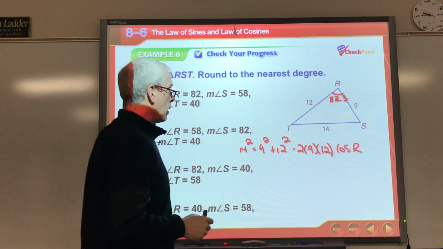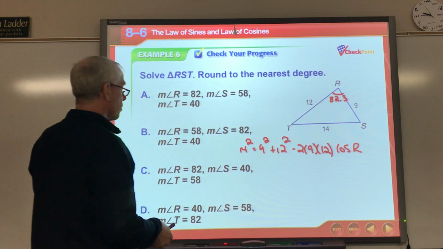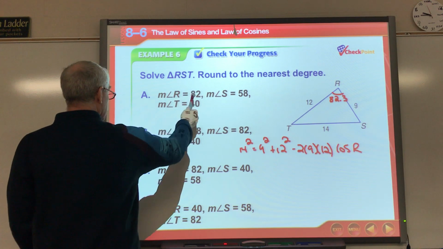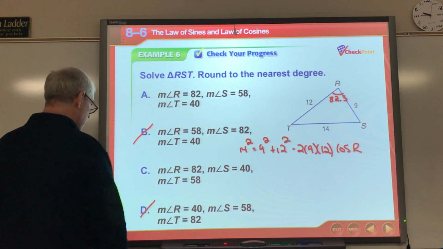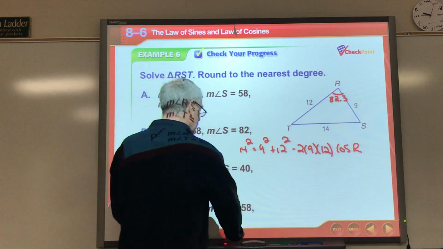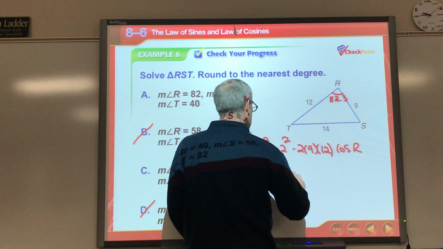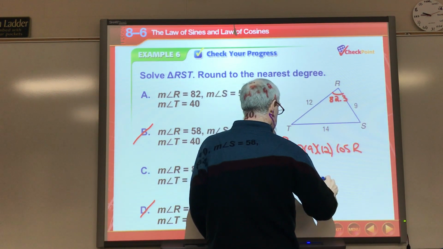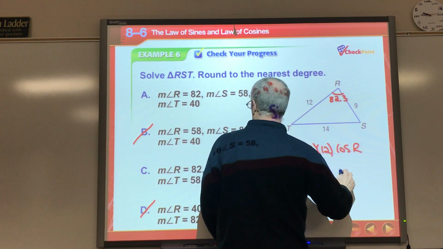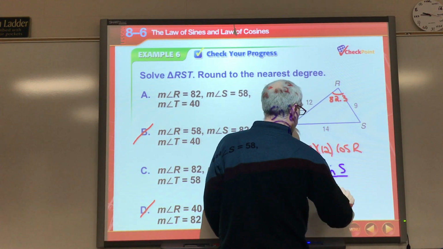Okay? And I'm going to use the law of sines now to find one more angle, and then I can subtract. So 82.3 for r. That one seems okay. That one's not okay. Okay, so we've narrowed it down a little bit. Okay, so let's say the sine of 82.3 over 14 is equal to the sine of s over 12.